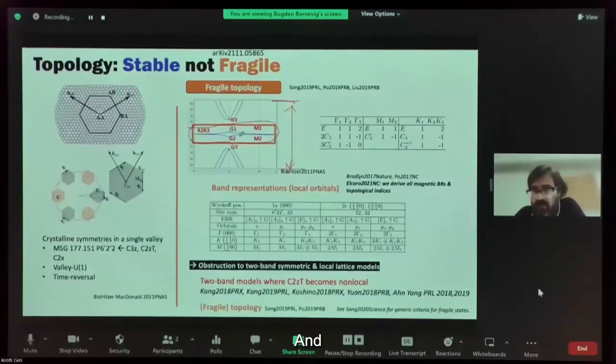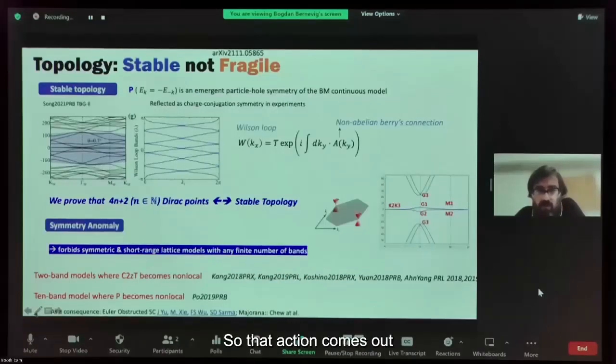It was thought that they're fragile topological, which would mean that if I take these two bands and add other bands to the system, I can make them trivial. This is what the 10-band models do: they add other bands to make them trivial, and then represent them in terms of orbitals. But in the process, they break a symmetry, the particle-hole symmetry of the continuum models.